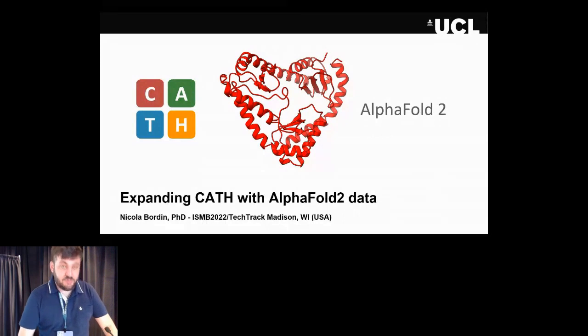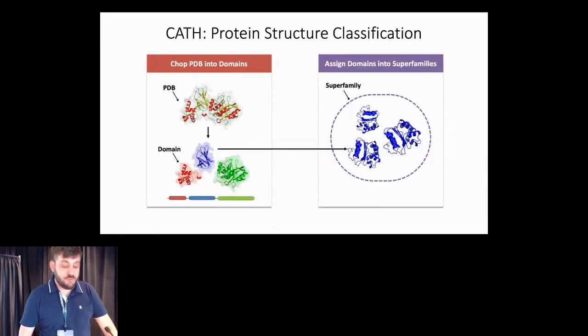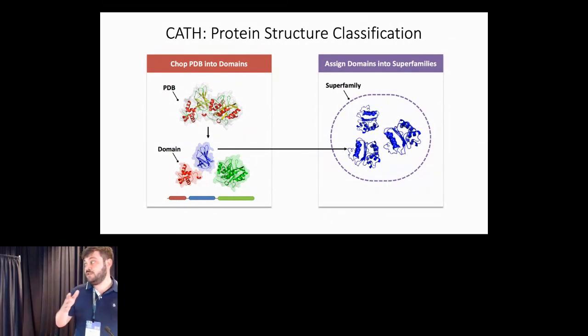So CATH is a protein structure classification resource that was created in the early 1990s. Over the past 25 years, we processed protein chains from the PDB into constituent domains, and we classify them into homologous superfamilies.